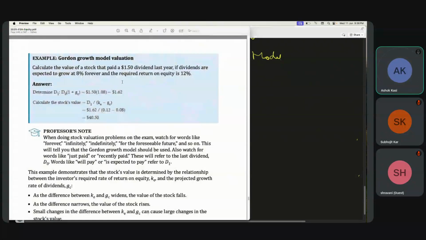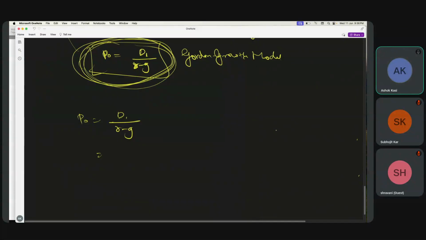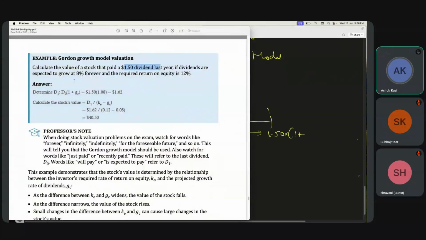So dividend, expected dividend is what? If dividends are expected to grow at 8%, initially you got 1.5. So if I draw the timeline, this is $1.5. So now what will the expected dividend be? 1.50 into 1 plus 8%.